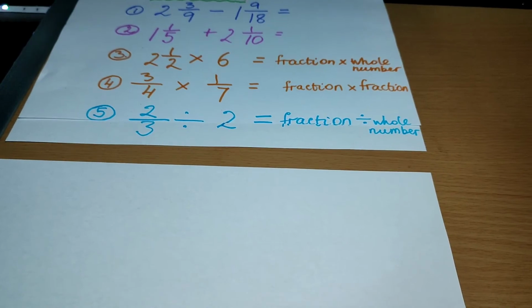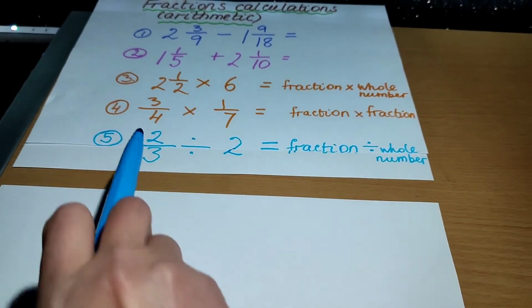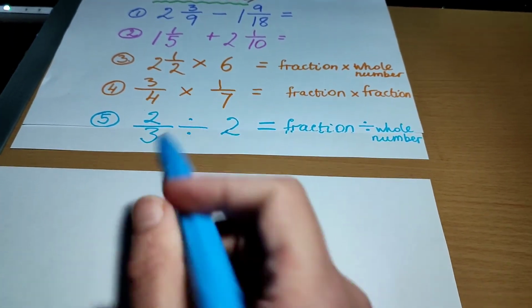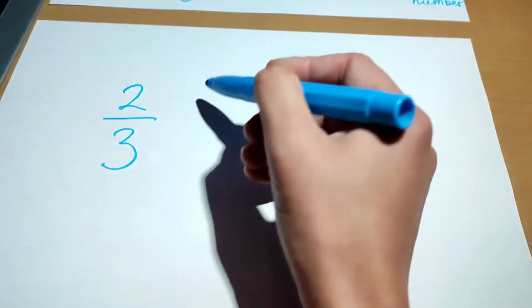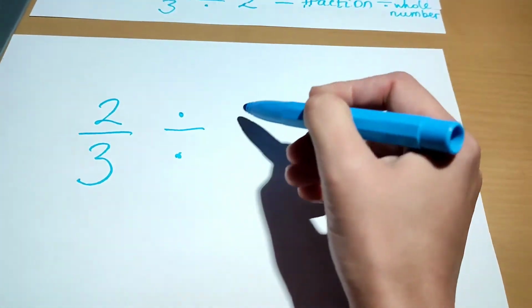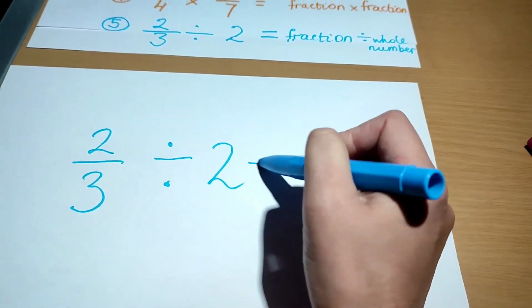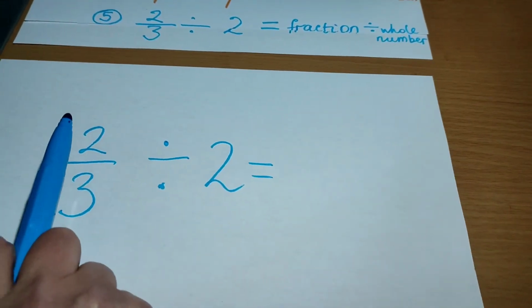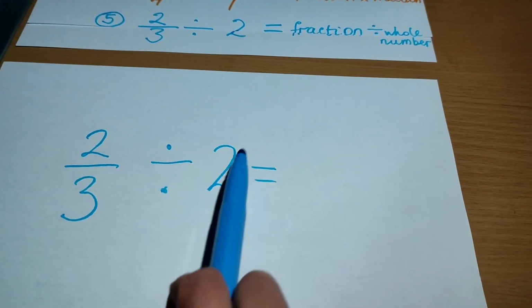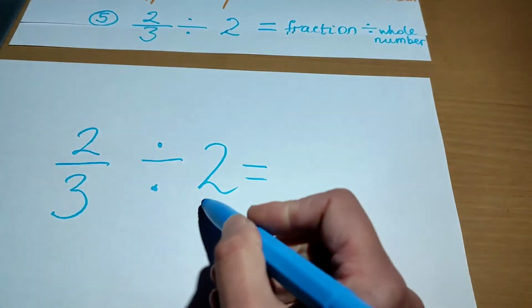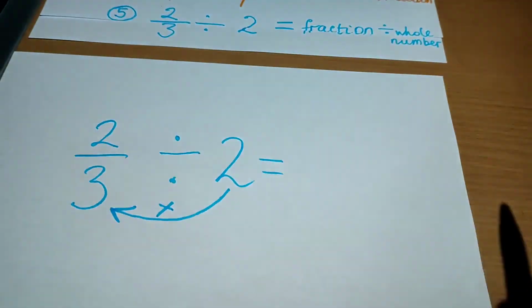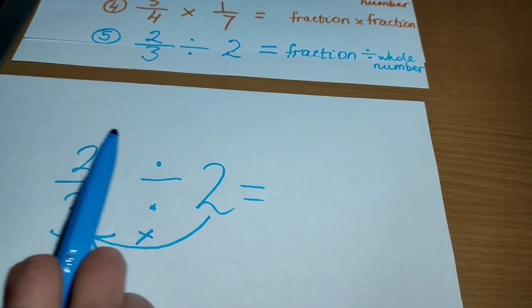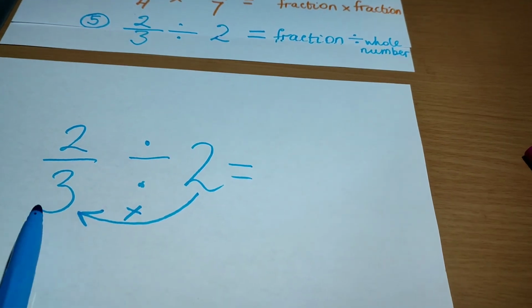And finally, our fifth calculation, we are dividing a fraction by a whole number. 2/3 divided by 2. Remember the rule? Fraction divided by the whole number. All you need to do, you need to times the bottom. Fraction divided by the whole number is times the bottom.